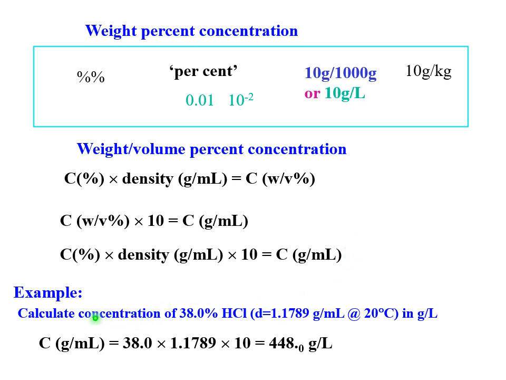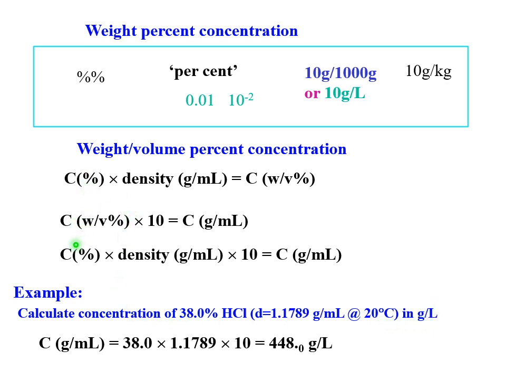So example, let's calculate concentration of 38% hydrochloric acid with density of 1.1789 grams per ml at 20 degrees Celsius in grams per liter.